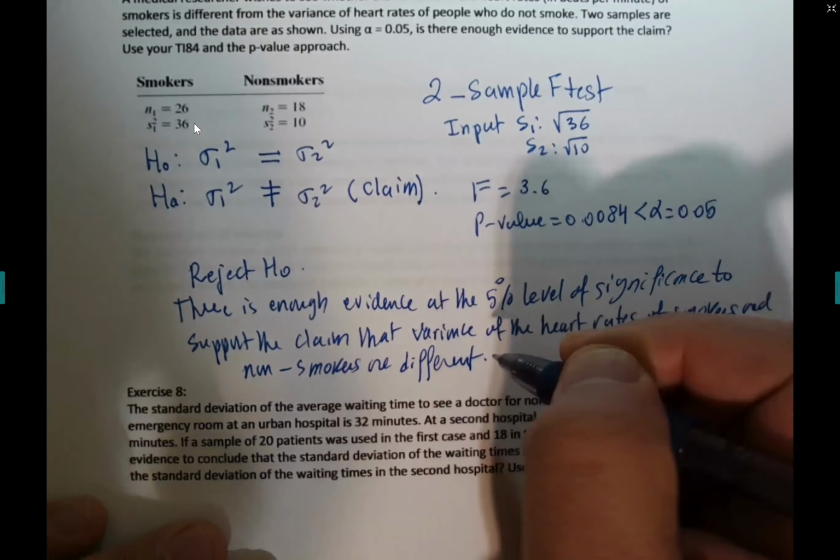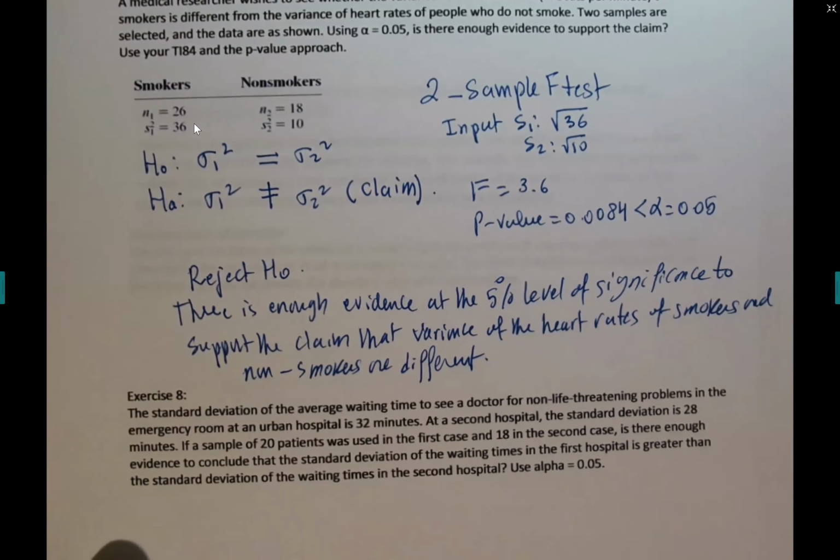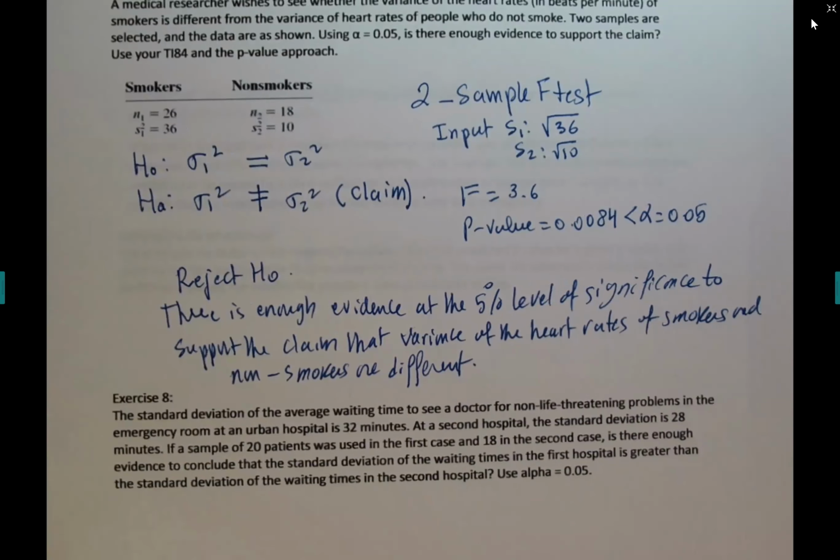So the variation in the way their heart beats is different from smokers to non-smokers. And that concludes section 10.3.